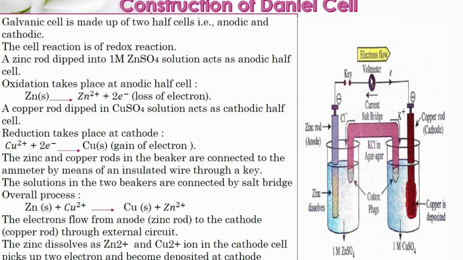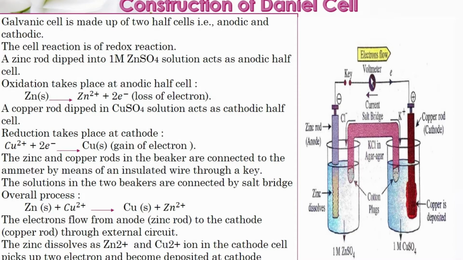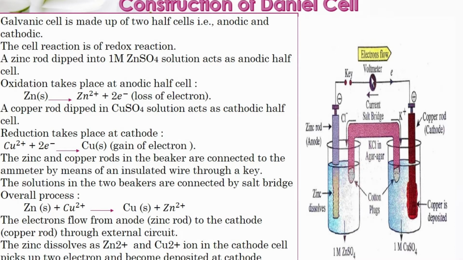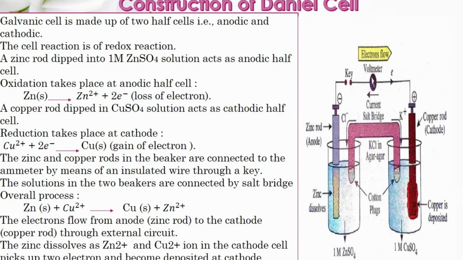The third observation is that the weight of the copper rod increases. This is because the Cu2+ ions present in the copper sulfate solution gain 2 electrons and get deposited as copper on the copper electrode. So only the weight of the copper rod increases.